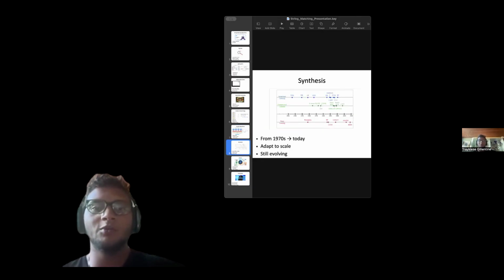Synthesis. When we step back and look at all of these works together, a clear theme emerges. String matching algorithms have continually adapted to new challenges and environments. KMP set the foundation for efficiency in the 1970s. The hybrid KMP Boyer-Moore work showed how to balance theory with practice.